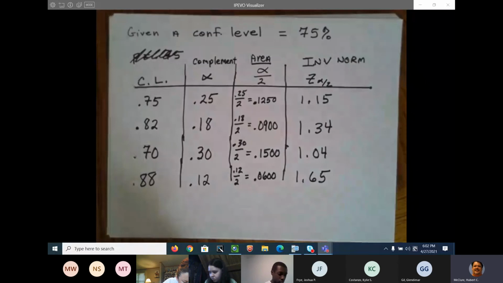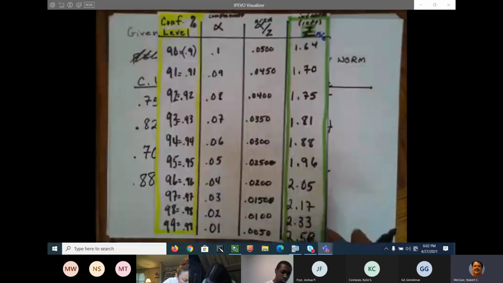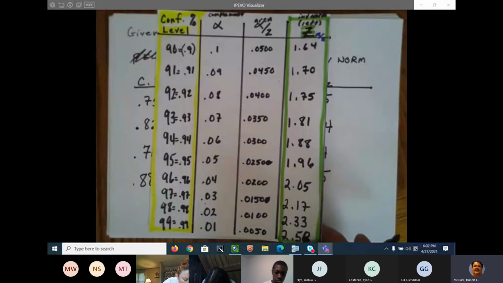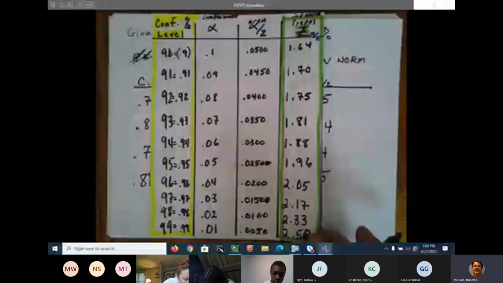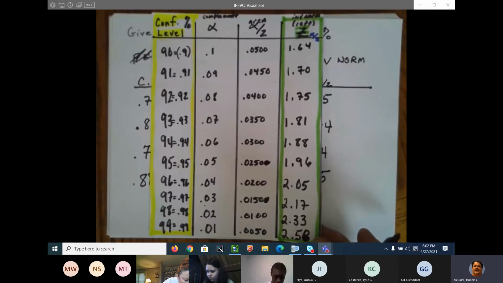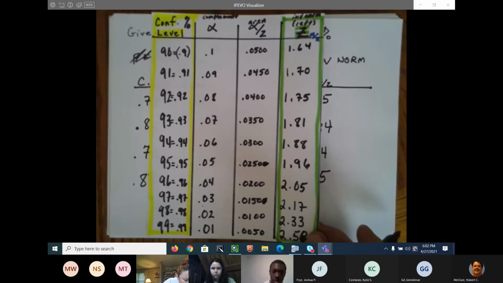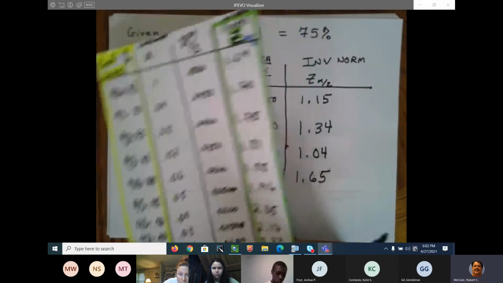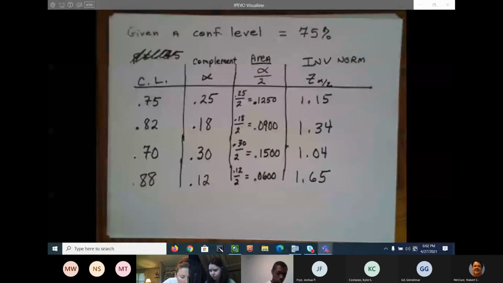Okay, so on this page, you've got the 10 most used on homework and test. That's why I told you to put it on an index card. Yes, 1.55.